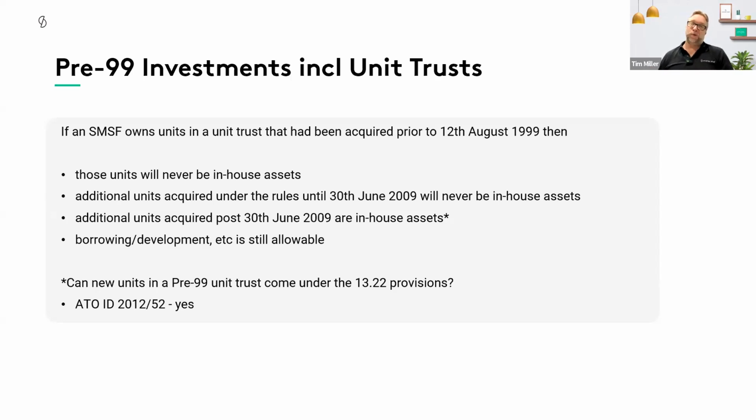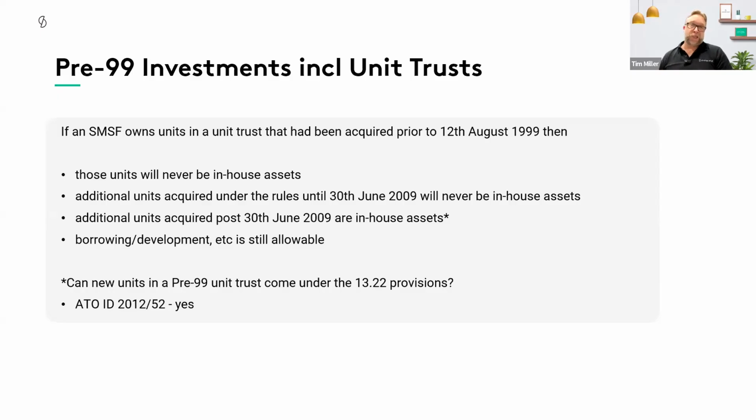And this is where 1322C comes in. So now, if you're making a reinvestment of a pre-99 trust, and the trust now satisfies all the conditions of 1322C, so there's no borrowings, it's business real property, leased to a related party or whatever, all those sorts of elements, then any new reinvestment could potentially come in as a 1322C.